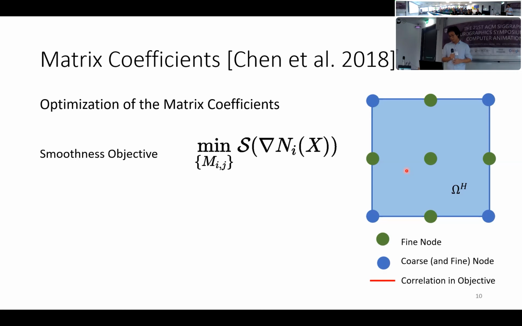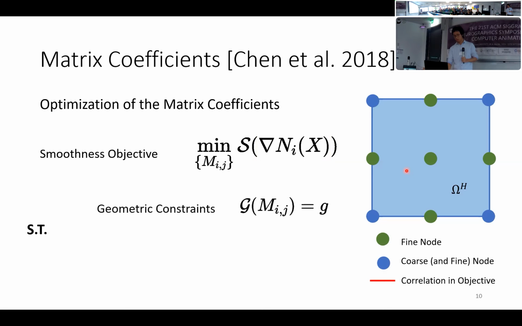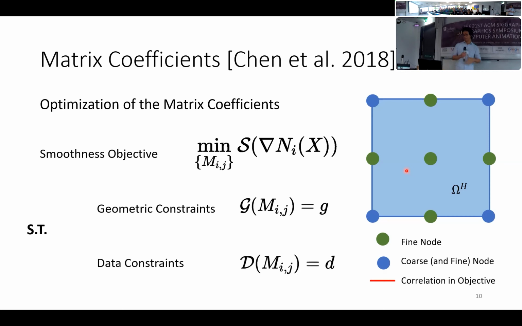And the optimization is subject to two groups of constraints. The first group is the geometric constraints. The geometric constraints help to make the rigid transformation of the coarse element. If you have translation or rotation, it will make sure that the fine nodes follow the translation or the rotation of the coarse nodes. And the data constraints encode the previously sampled representative deformation to the weights.